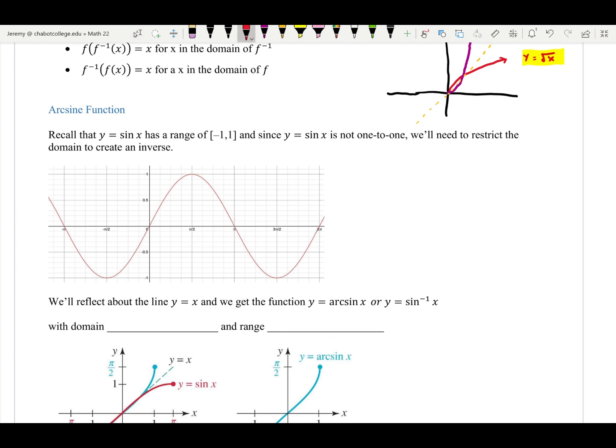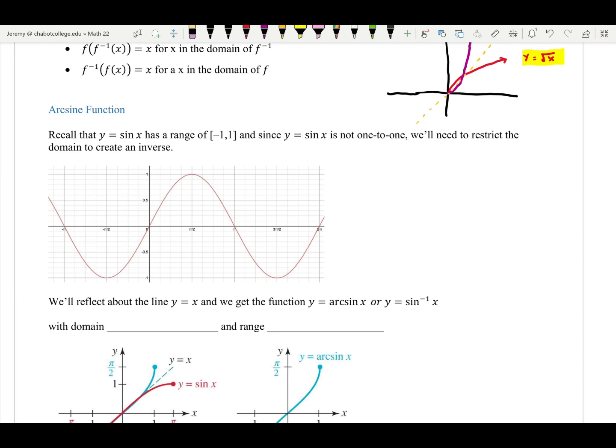Well, I want to be sure to include every value in the range of sine. I don't want to be too restrictive. A good way to do it is let's just pick one trough and one peak, right? And just restrict the domain between those two values.